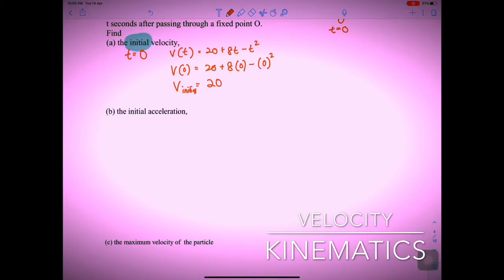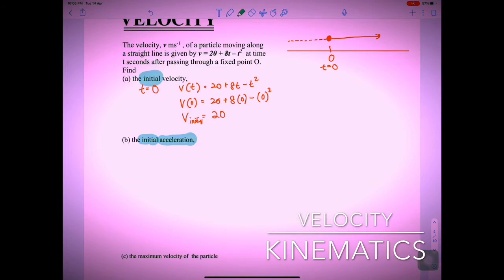Again initial means t equals 0, and now acceleration. The function given is velocity, so to find acceleration we differentiate v with respect to t. So dv/dt of 20 plus 8t minus t squared: differentiate 20 gives 0, plus 8, minus 2t.